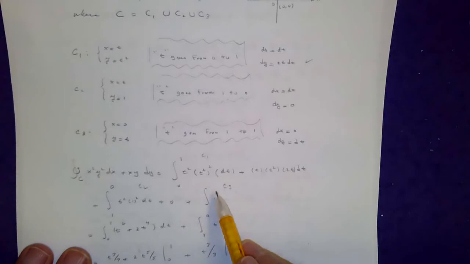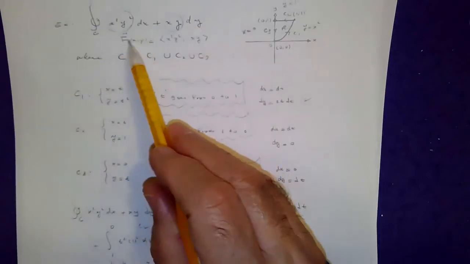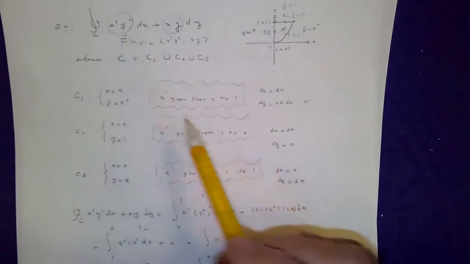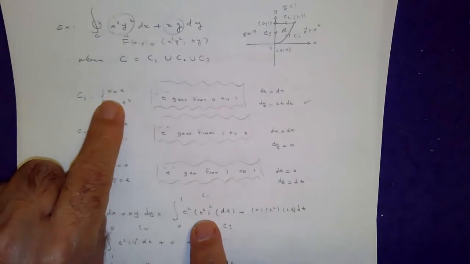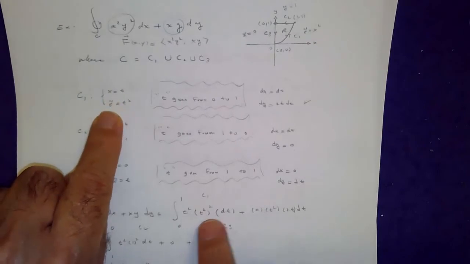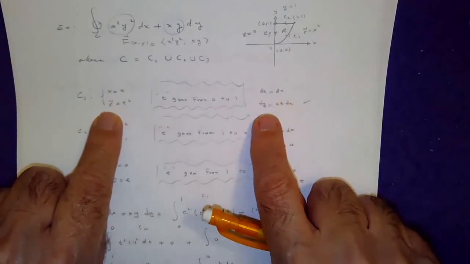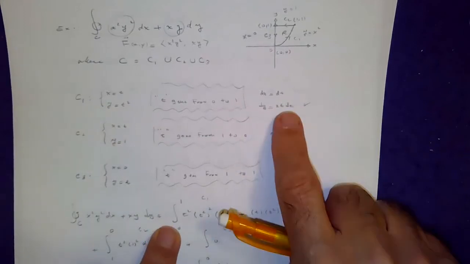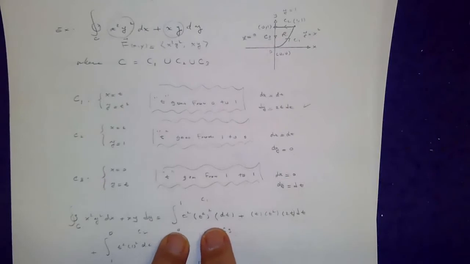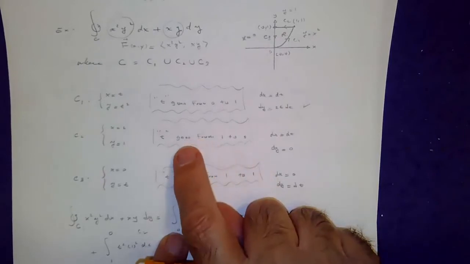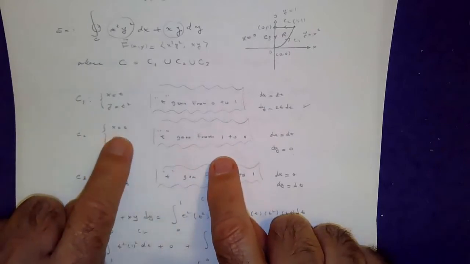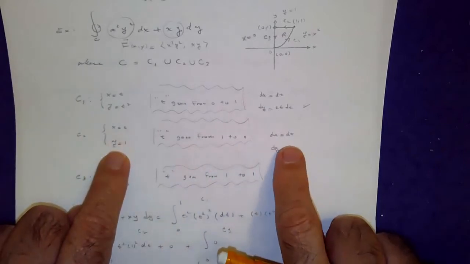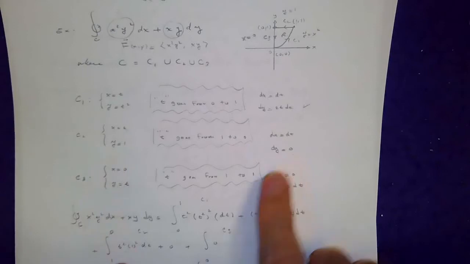But for C1 and C2, you have to follow the direction. Remember, for C1, x is t, y is t squared, dx is dt, dy is 2t dt, and this is basically what you got. For C2, x is t, y is 1, dx is dt, dy is 0.